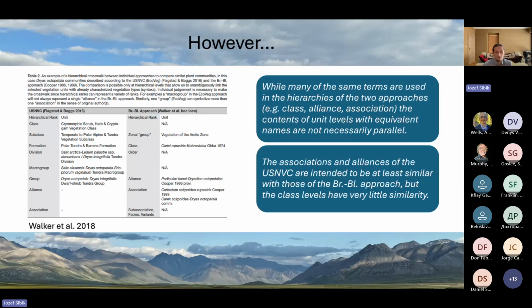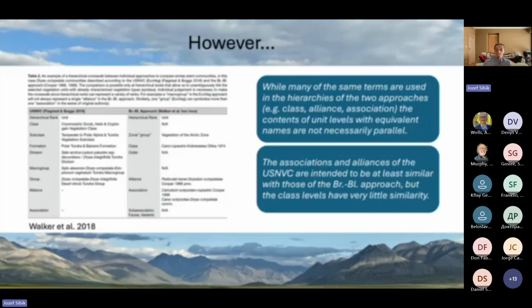However, the main goal should be that there is some meaningful crosswalk or overlapping, that we have to explain which language we are using. And of course, while there are many same terms, as I mentioned, within the hierarchies, like classes, alliances, associations, sometimes they have different meanings. So they are not equivalent in different classification systems.